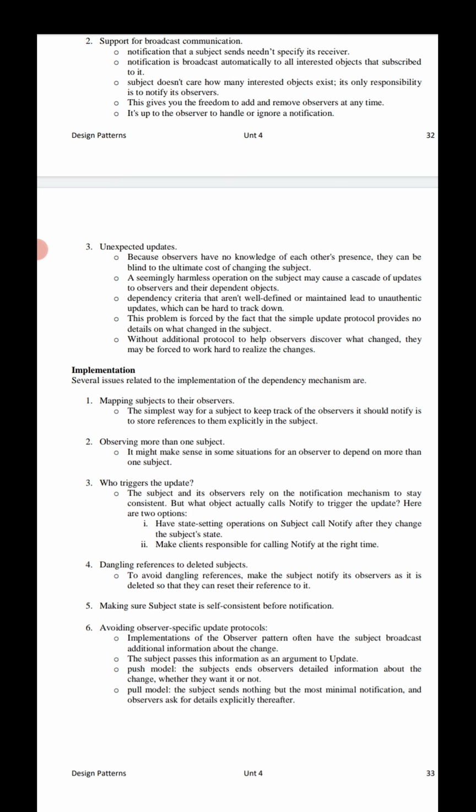An operation on the subject may cause a cascade of updates to observers and their dependent objects. Moreover, the dependency criteria are not well defined or maintained, which usually leads to automatic updates that can be very hard to track down.